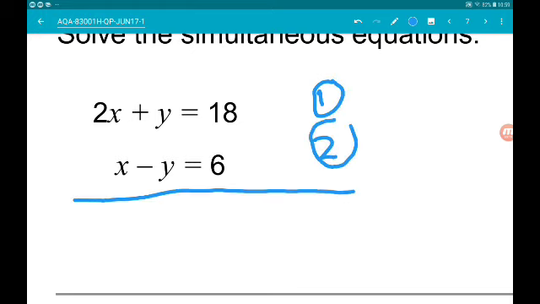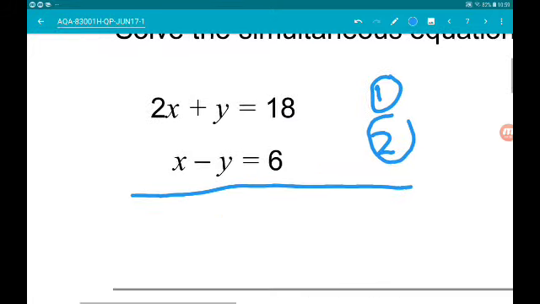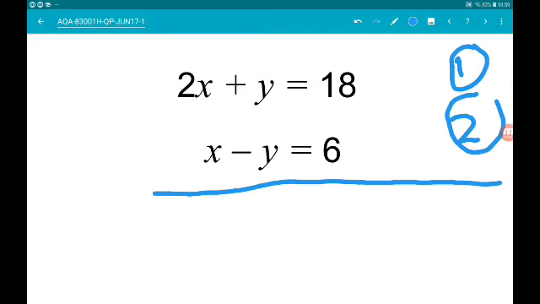Now, we have the same number of y in each equation. One is positive though, and one is negative. So, when you have that situation, you add the equations together.